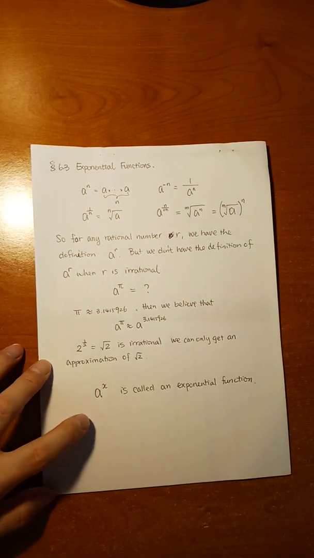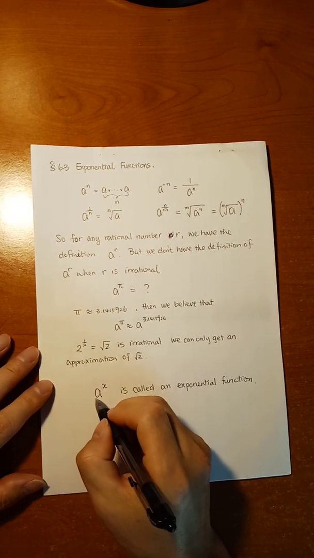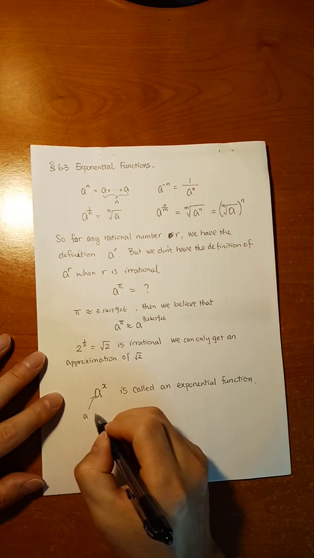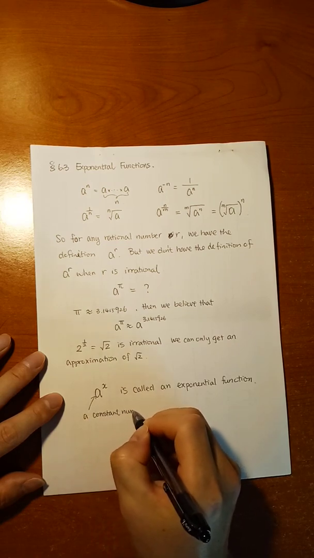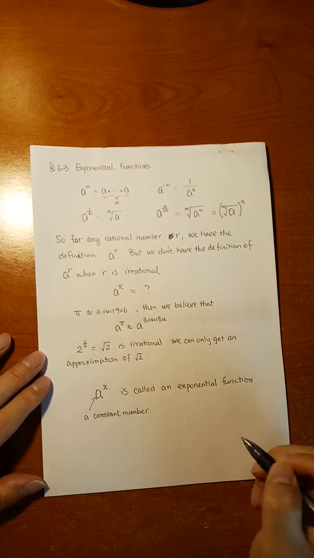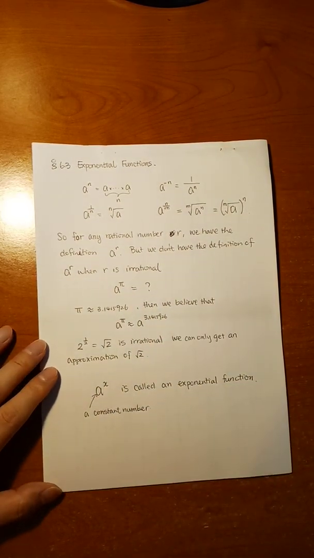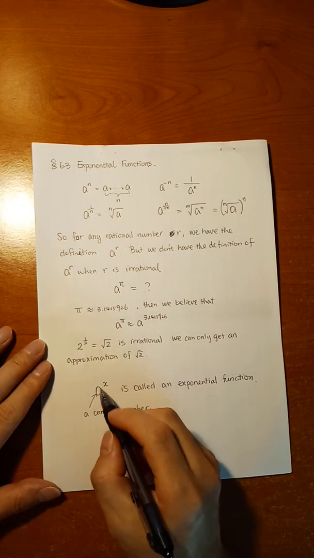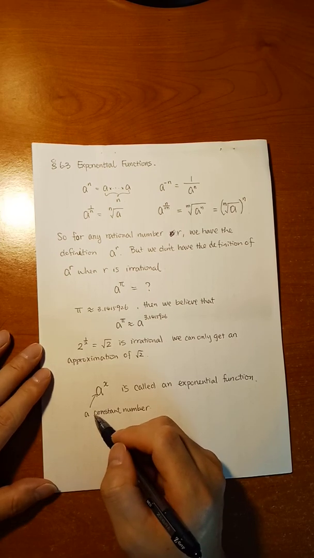Exponential function, the base is a fixed number. It's called the base, and the x is the exponent. And for most of the values, this is an irrational number. We can only get approximation.